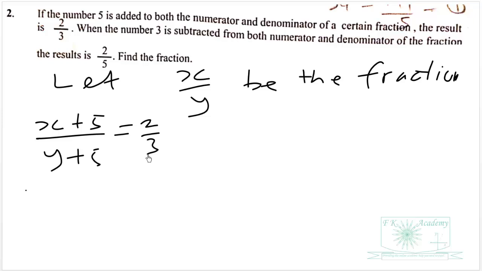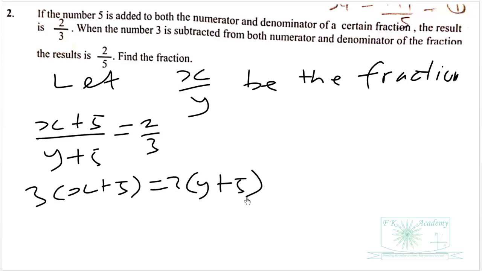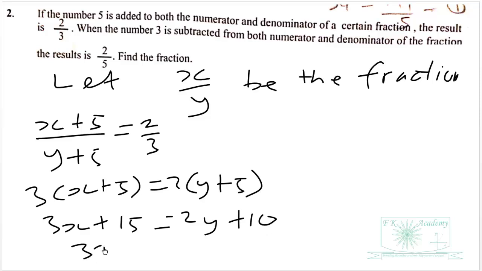We can cross multiply to get 3 into bracket (x plus 5) is equal to 2 into bracket (y plus 5). Let's expand to get 3x plus 15 is equal to 2y plus 10. So we will obtain 3x minus 2y is equal to 10 minus 15, which is negative 5. We can call this our first equation.